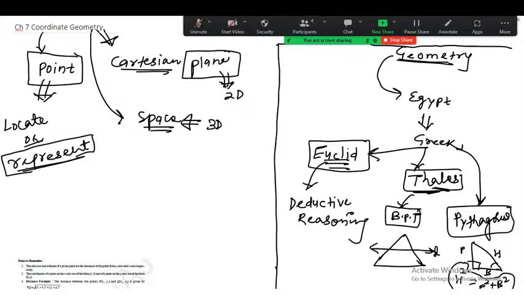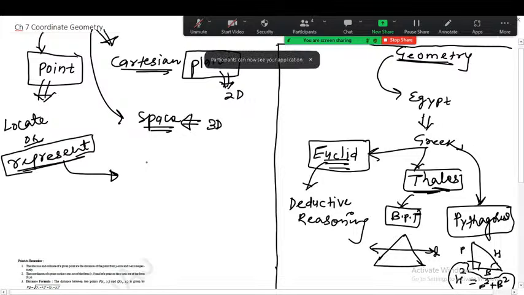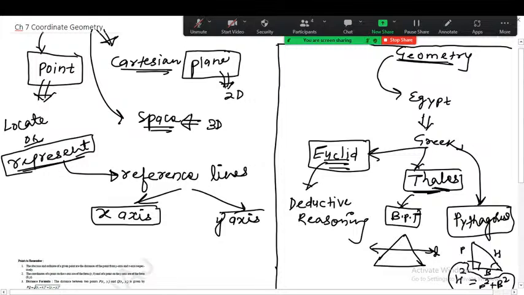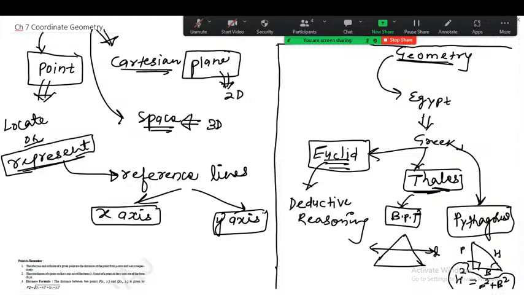Similarly, in order to locate a point, we make use of a relative approach, and this relative approach gives rise to two reference lines. Those two reference lines are the x-axis and y-axis, and these will help to locate a point.